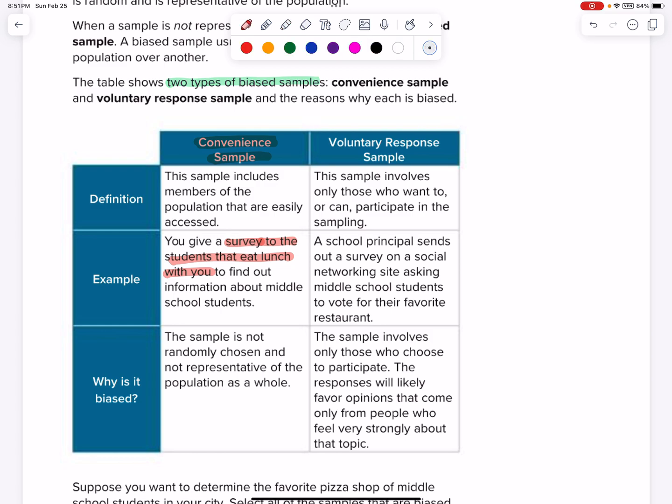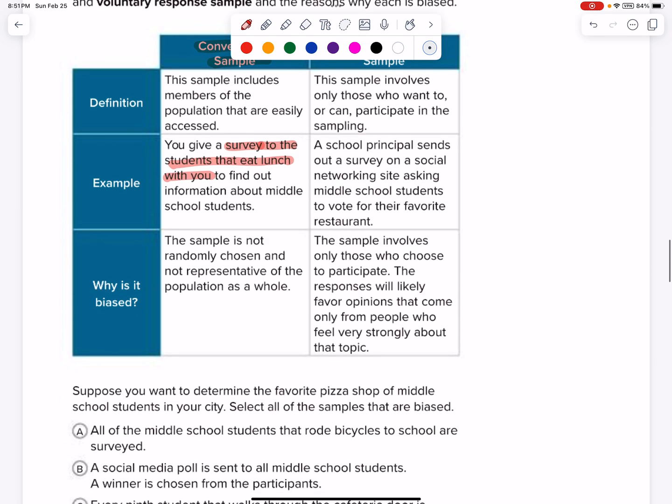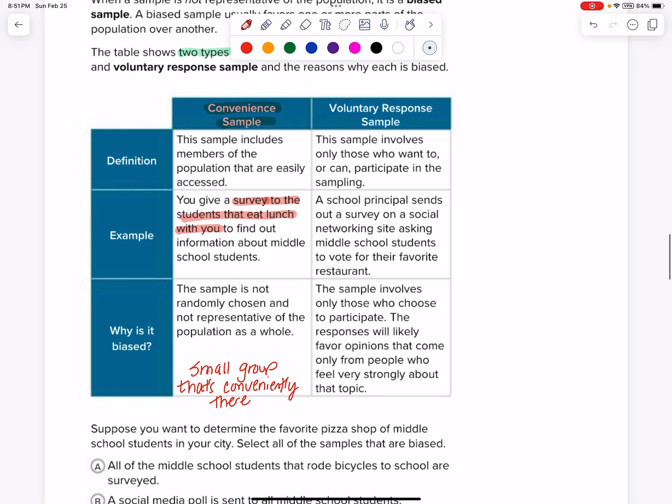So the big clue with this one is it's a small group. And it's just very exclusive, or what they call convenient. A small group that's conveniently there. Especially because it's small, it's not really a good survey situation.